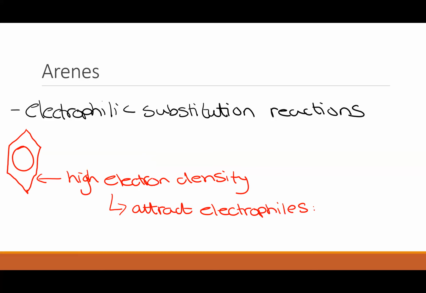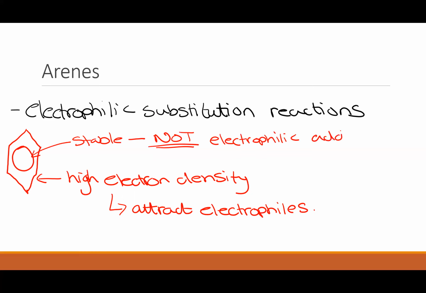Because our benzene ring is stable, it doesn't undergo electrophilic addition reactions. Because this ring is stable, it does not go through electrophilic addition. Electrophilic addition reactions would actually come in and they would destroy that ring of delocalized electrons.